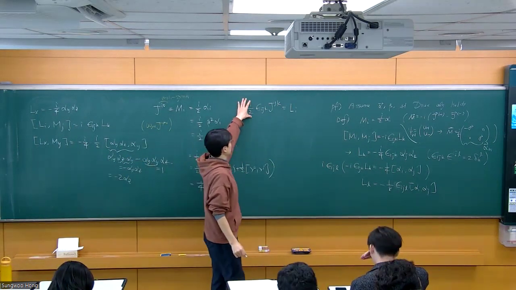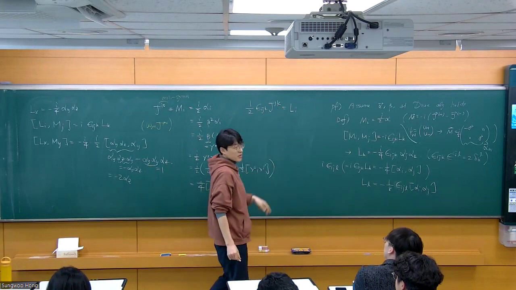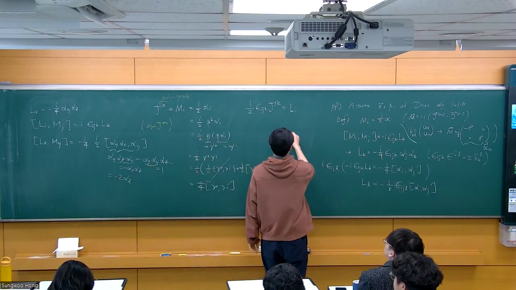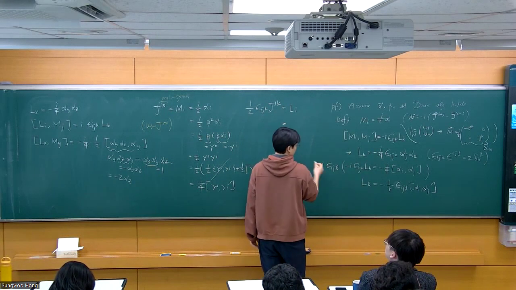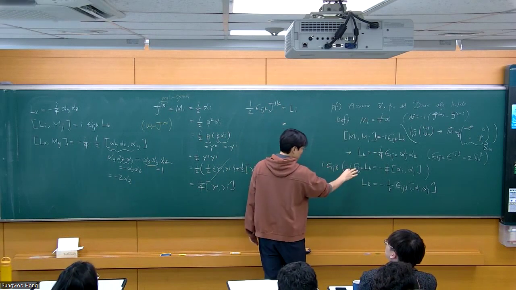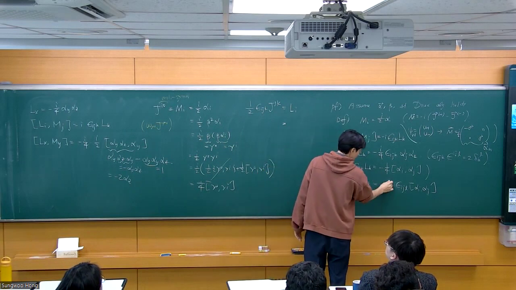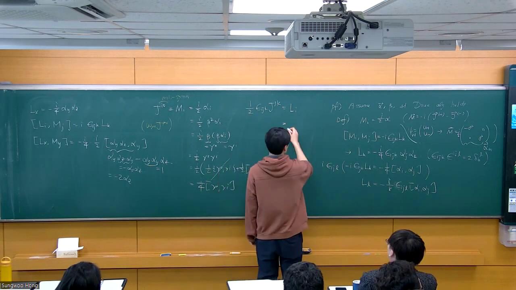And half, once again, because there's antisymmetry here, antisymmetry there, just to avoid double counting. Okay, that was one expression. In terms of this, we got that. Okay, assuming I did everything right. Oh, already found a typo. Right? Good.